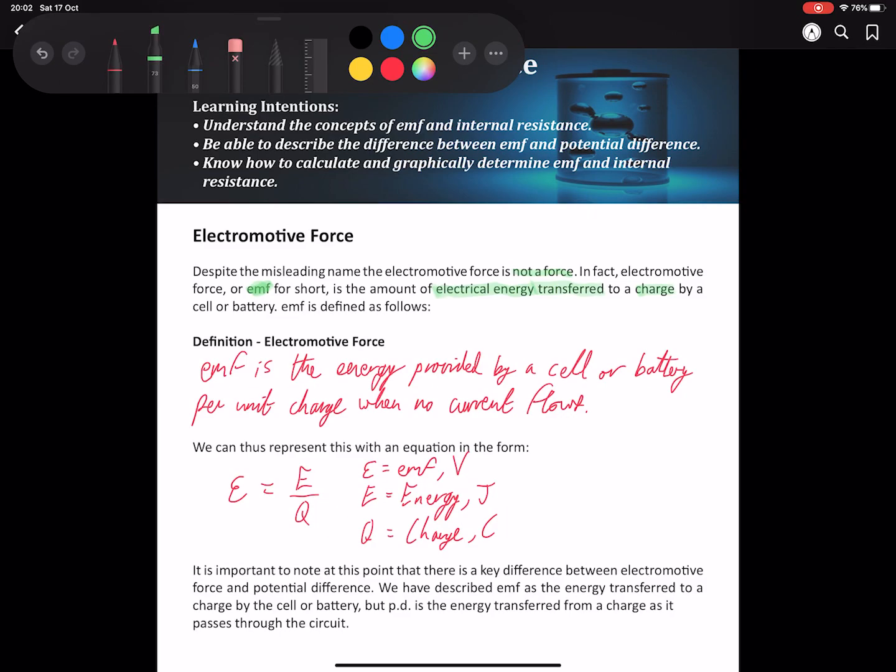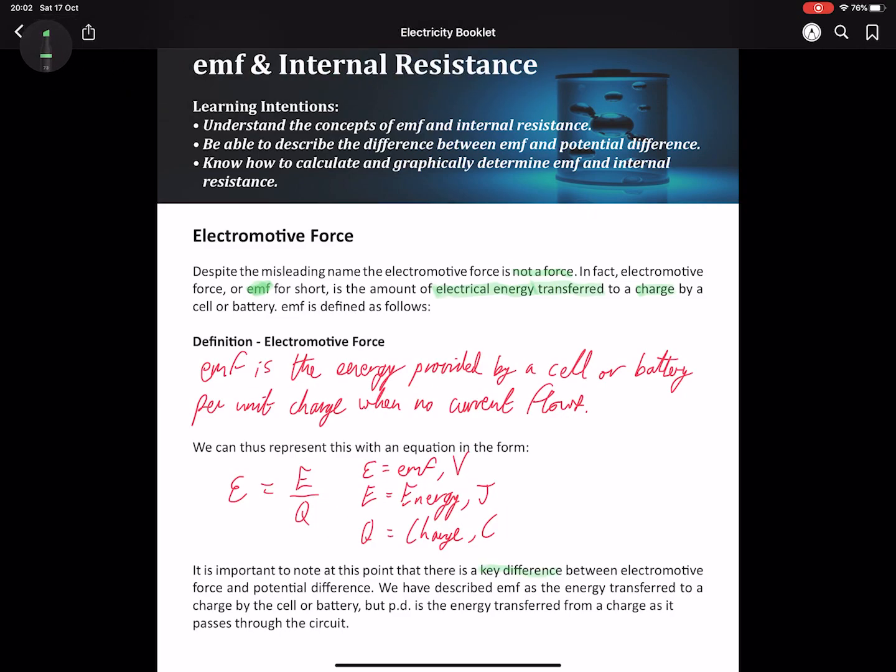So as we said, the key difference that needs to be noticed between EMF and potential difference is the fact that when you have a current flowing, you will lose potential in the cell itself.